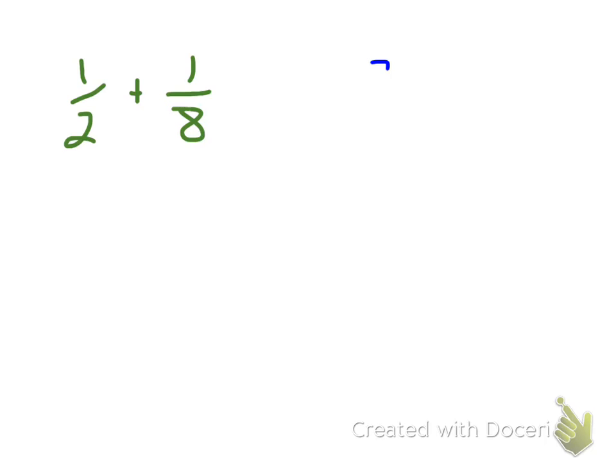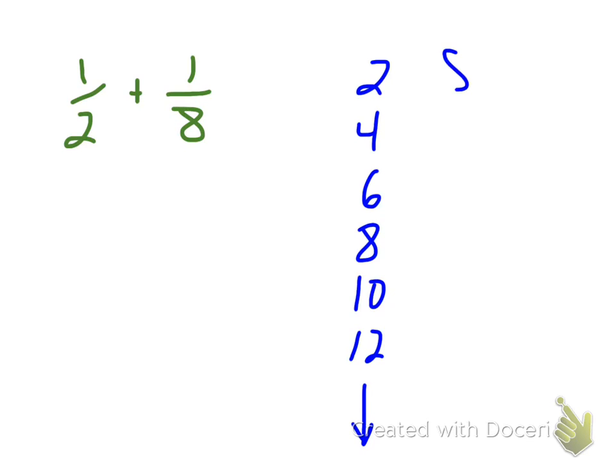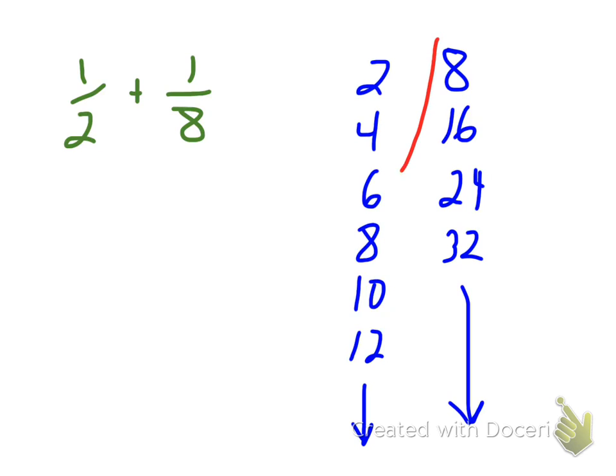My multiples of 2 are 2, 4, 6, 8, 10, 12, and that's going to continue. My multiples of 8 are going to be 8, 16, 24, 32, and so on. I'm looking for the first one that matches, and in this case, it is 8. That is called the least common multiple, and is going to be our common denominator, or our least common denominator.